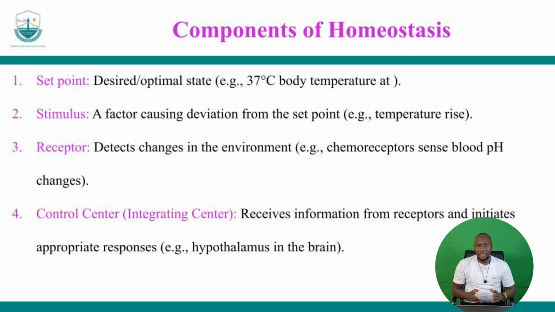In this case, the impulses are sent to the hypothalamus, and then the hypothalamus sends impulses to correct the temperature. So those impulses are sent to what we call the effectors. The effectors are the ones that will make sure that the action is actually implemented.